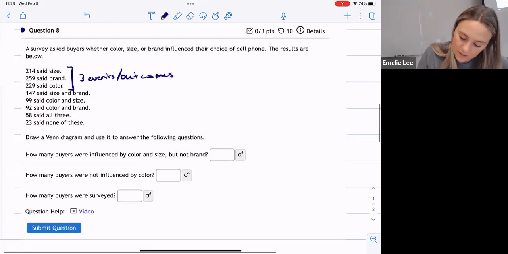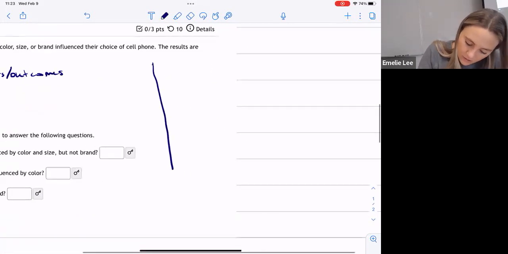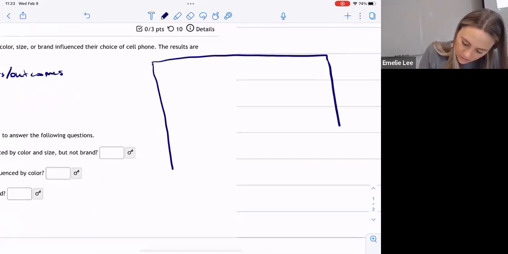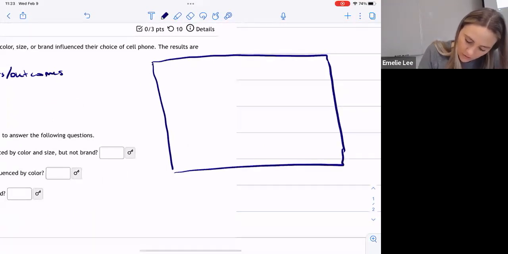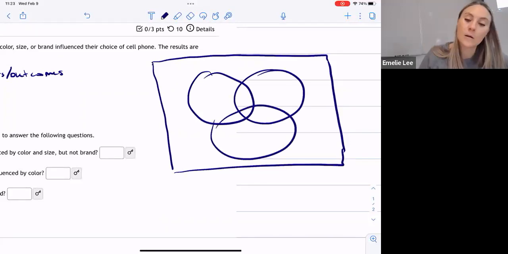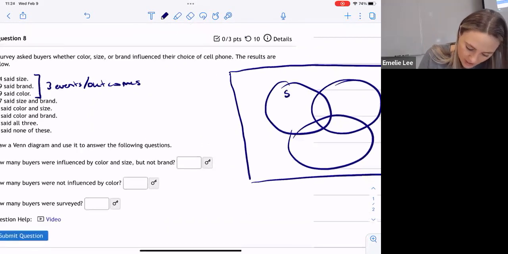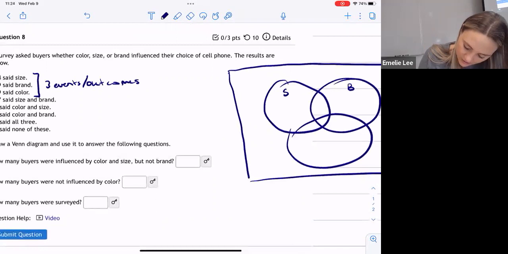which means that we have to draw our Venn diagram with 3 things. So I'm going to denote them by size, brand, and color.